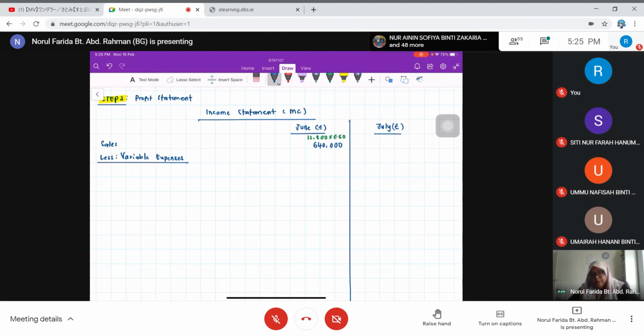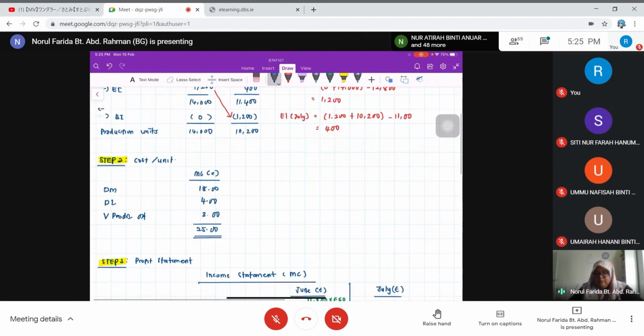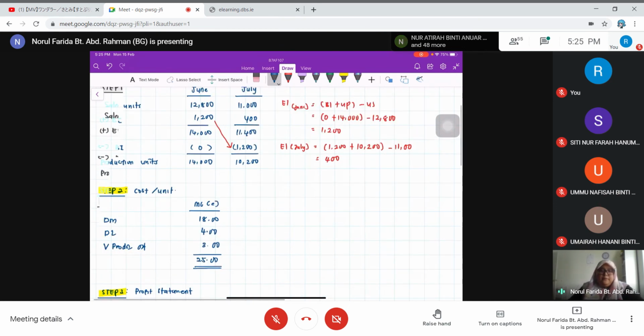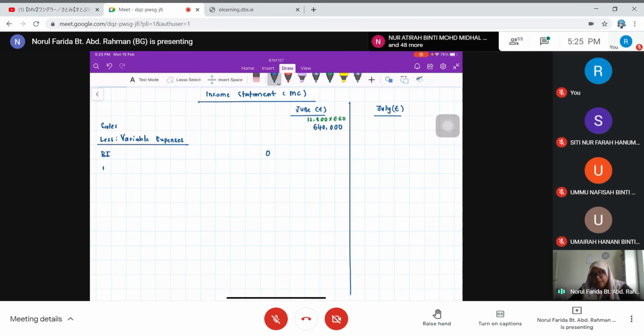Okay. So start dengan beginning inventory. Beginning inventory untuk Jun tidak ada. Kosong lah. Right? Untuk Jun tak ada kan tadi? Okay. And then you akan add with your variable cost of goods manufactured. Unit produce untuk Jun adalah 14,000.